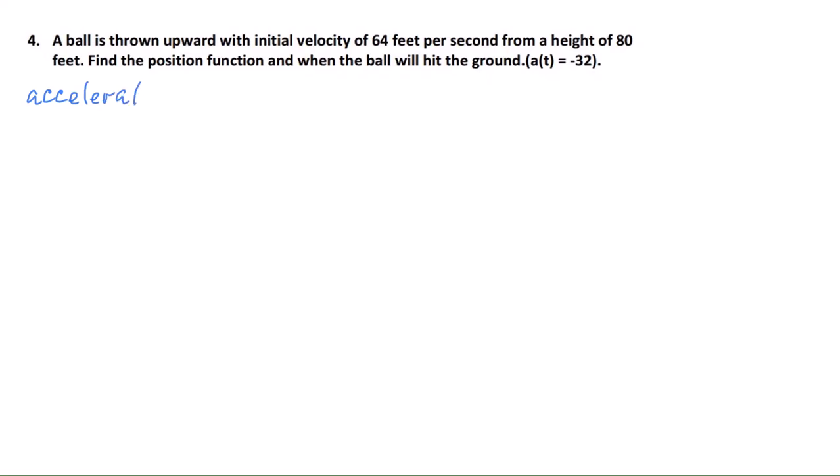First of all, acceleration is what we get when we take the velocity and find its derivative. So acceleration is velocity prime, if you will. And you got to remember velocity, on the other hand, is position prime. So they want us to find the position function.